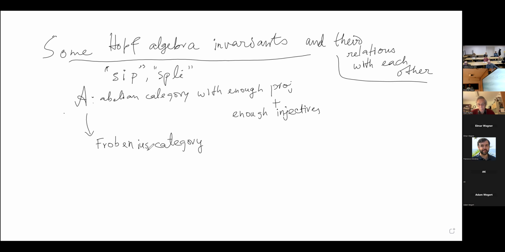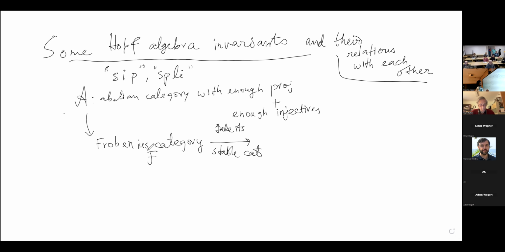Thank you. Yeah, so can we get to a Frobenius category starting with an abelian category? And can we then take its stable category? I will explain what it means right now to take the stable category of a Frobenius category. So basically, this guy is called F for Frobenius.